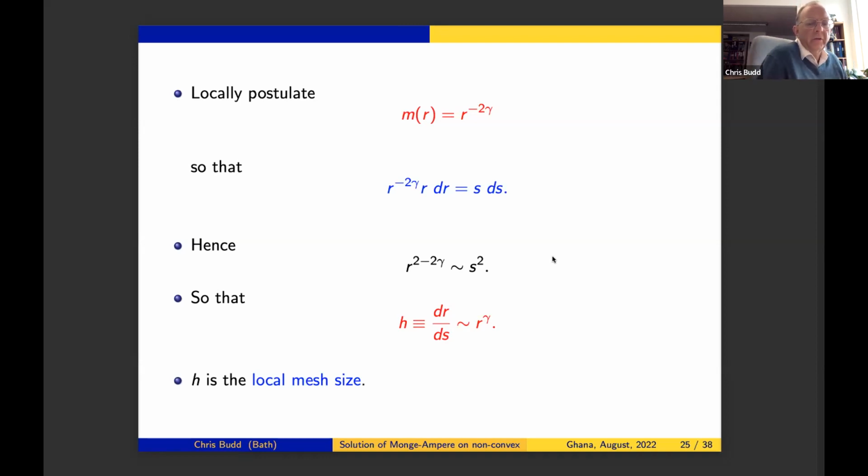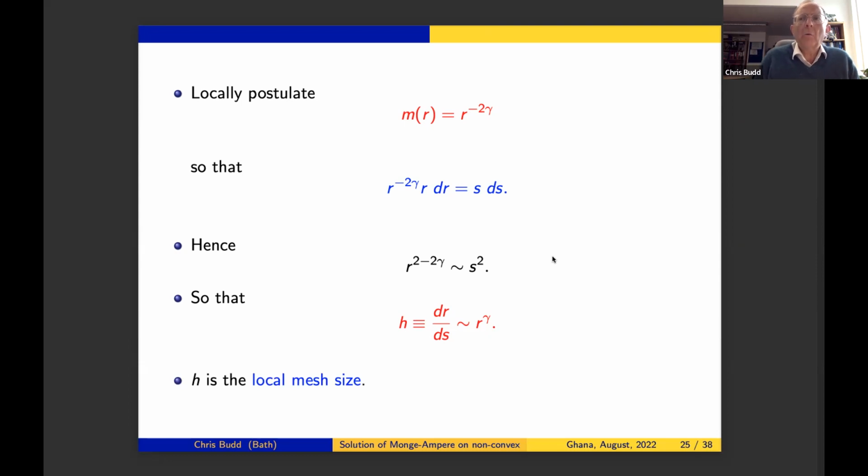And then the local mesh size, dr by ds, just works out as being r to the gamma. So that is what gamma is. It's essentially how the local mesh size h scales as we go away from the corner.